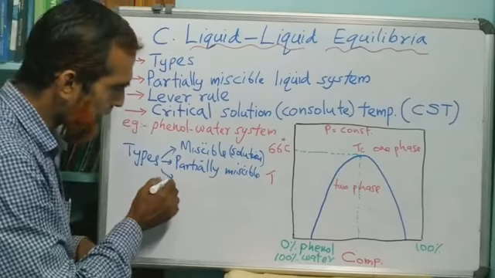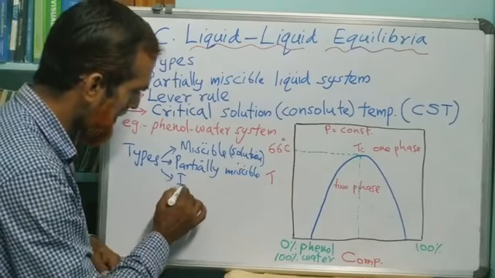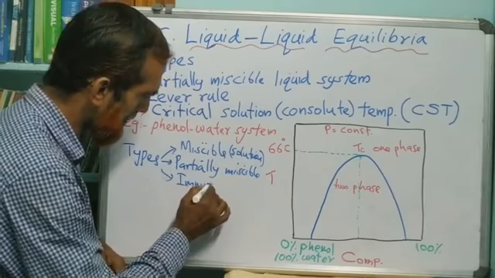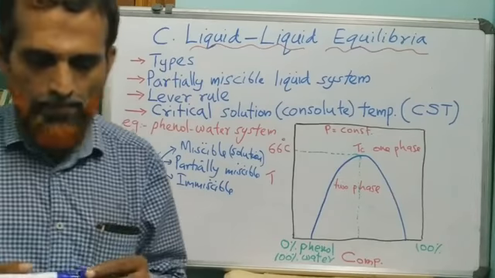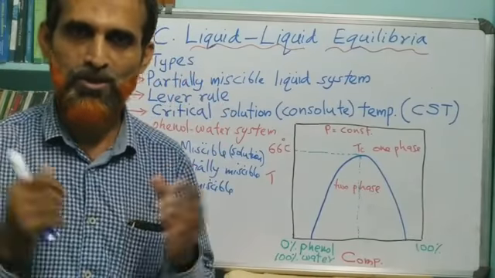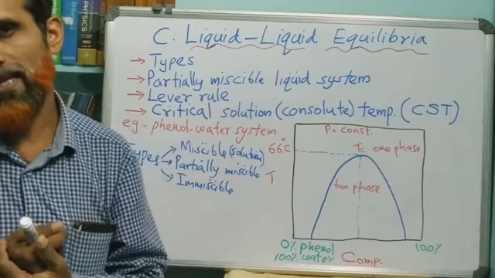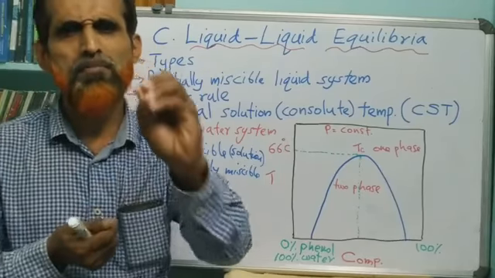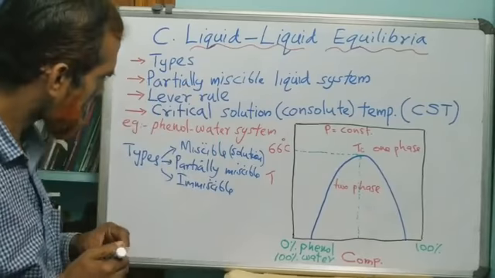And the third type is completely immiscible liquids. For example, if you add benzene to water, one is polar, the other is non-polar, and it will remain as a separate layer. Even if you add only a little benzene to water, it will not dissolve, completely immiscible.